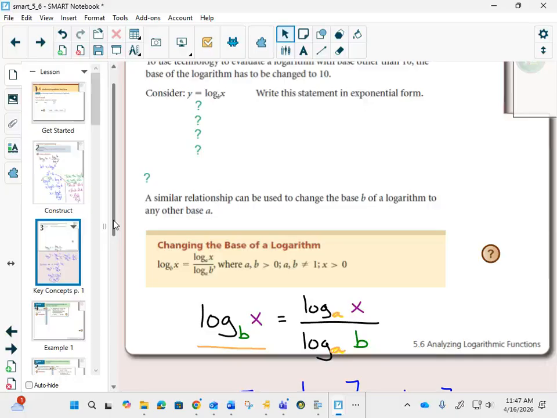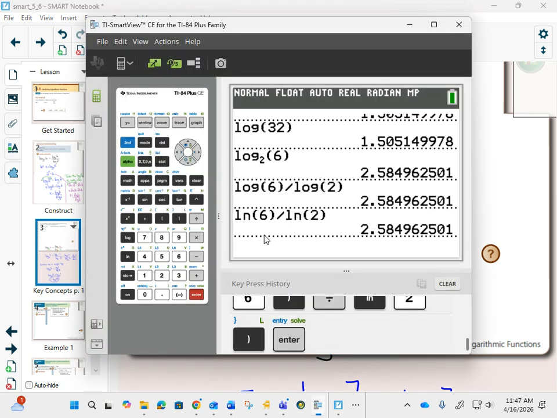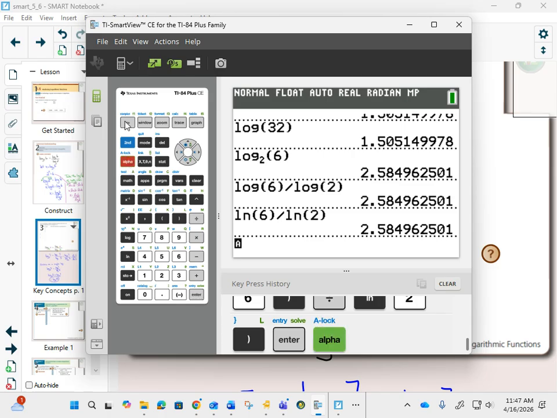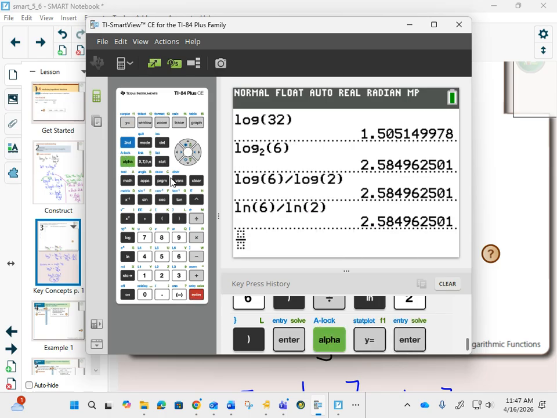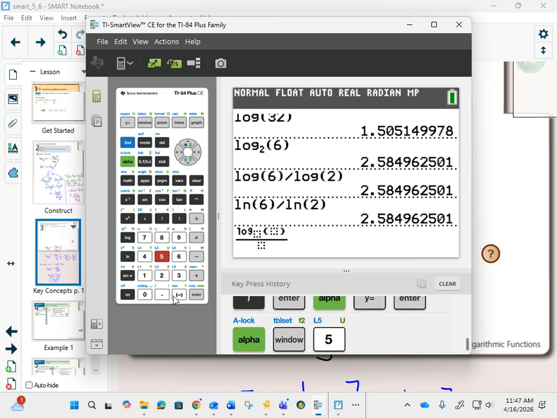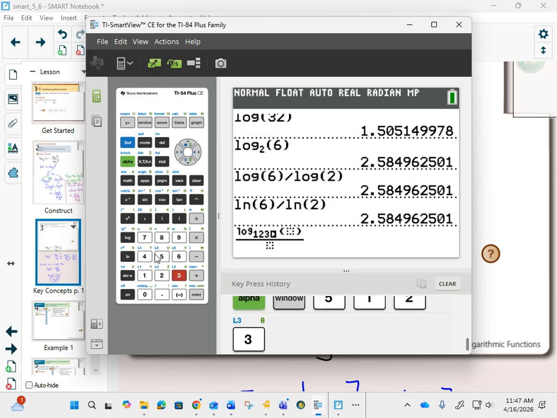I'm going to go back to my calculator. I do not recommend this, but have a look. Log base 2 of 6. Apparently, I can change this to log base anything. 1, 2, 3, 4, 5, 6 of 6.